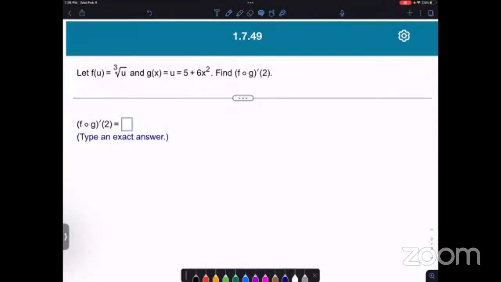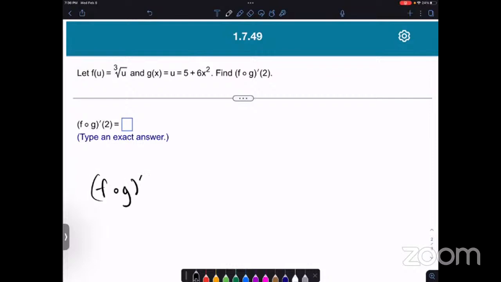Okay. Are you still there? Yes. Okay. So f of g prime, right? So f compose g prime of 2.